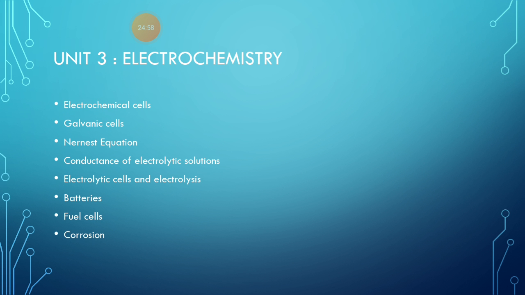So we are going to learn about the construction, working and reactions involved in the batteries, and the voltage they give. In batteries we are going to learn about primary and secondary batteries, or dischargeable and rechargeable batteries.